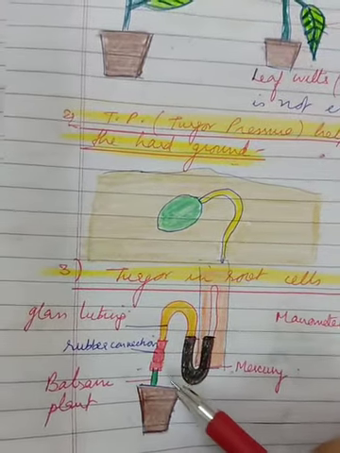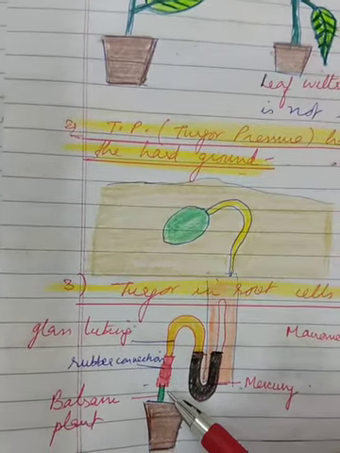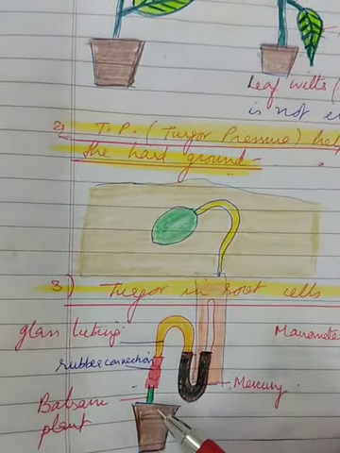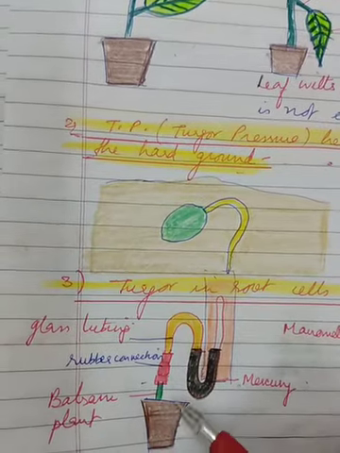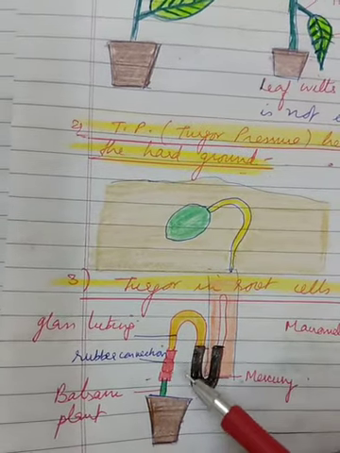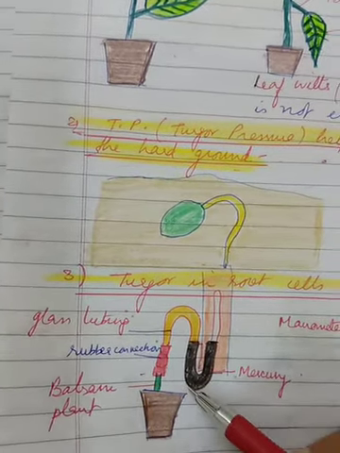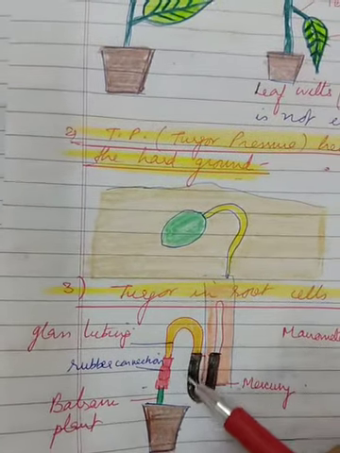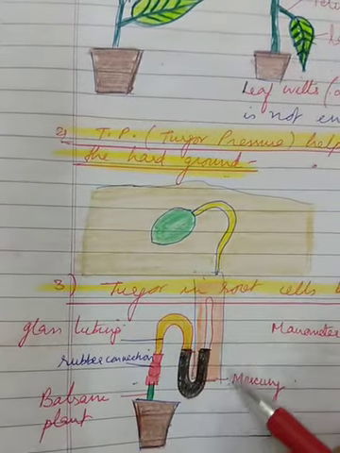Now what we see is, as soon as we cut the stem, the sap starts oozing out, all right, and water starts coming out of this cut end. This water can be seen to rise up into the glass tubing.